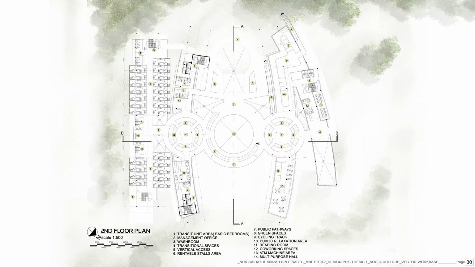The second floor plan shows the continuity from the first floor, repeating the circular shape in the middle for public access, with the transit unit area on the left side. This level is also meant for community areas, as there are facilities like reading areas, co-working areas and transitional areas for relaxation with seatings and shades.